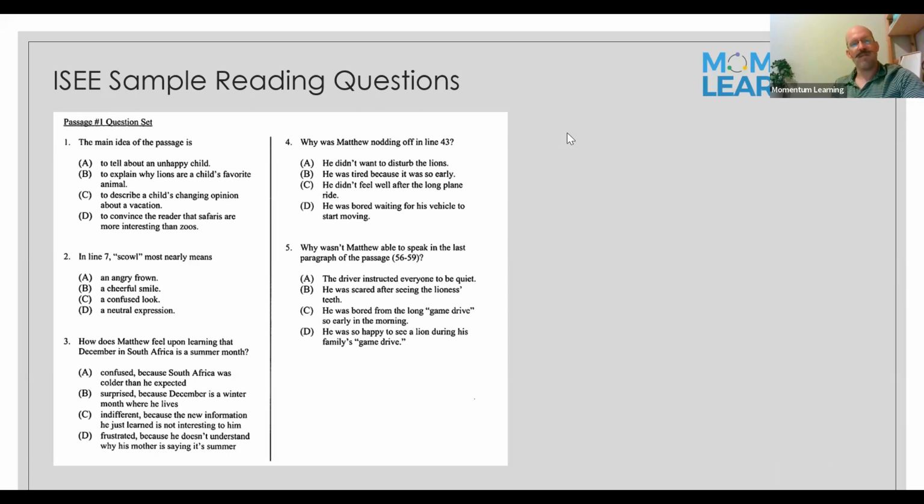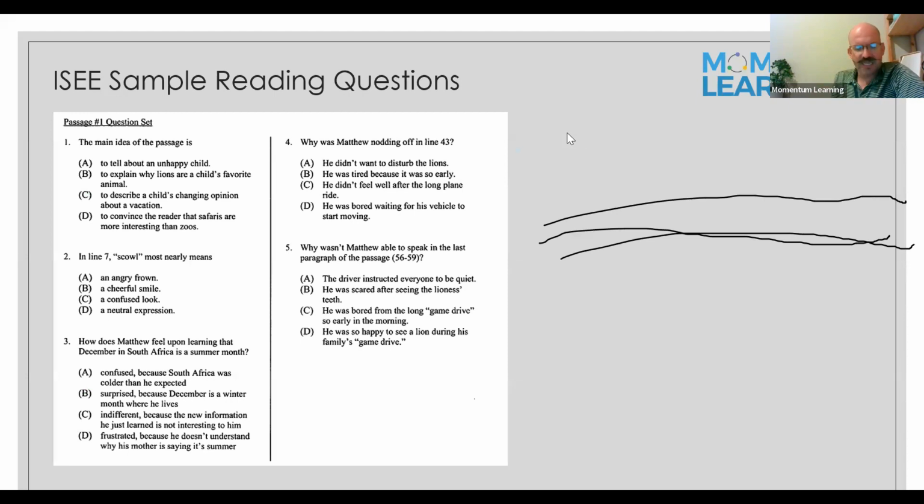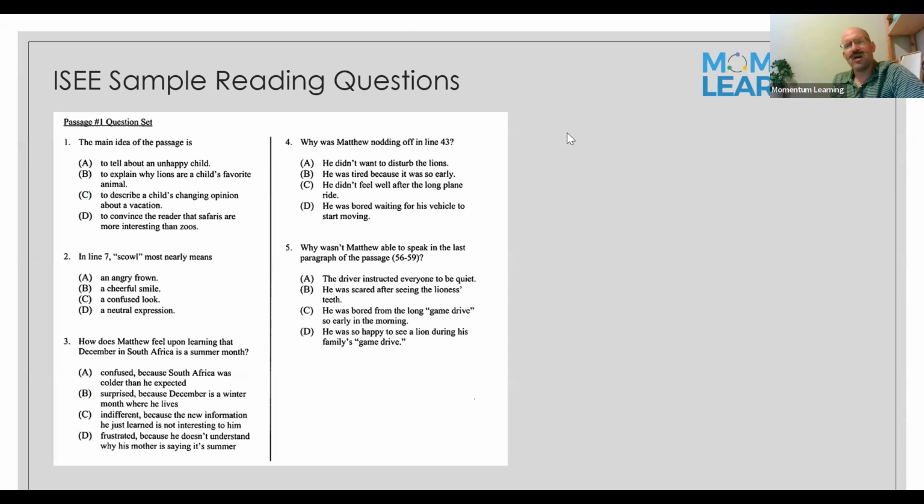Moving down. How does Matthew feel? So this is a characterization question. When you have a characterization question, you're looking at the clues that are represented through the characters' motions, through their speech, through their writings and musings.